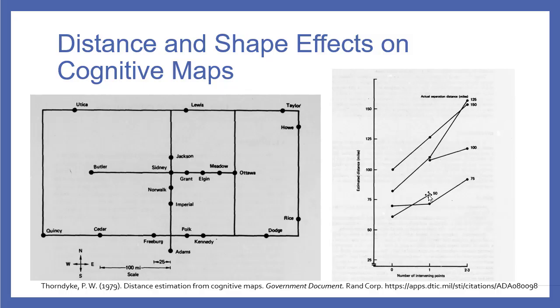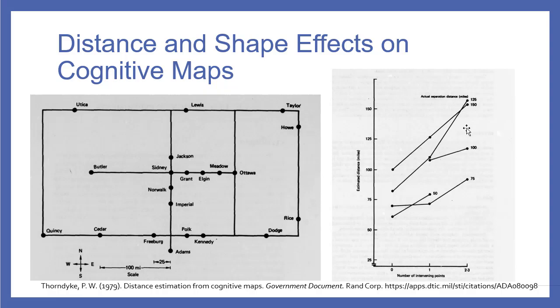But what happened was that you also get more of a difference between the actual distance and the perceived distance. For example, in this first distance, there was only one intervening city between these 2 points, and they estimated the distance about 80 miles or so, but the actual distance is only 50 miles.